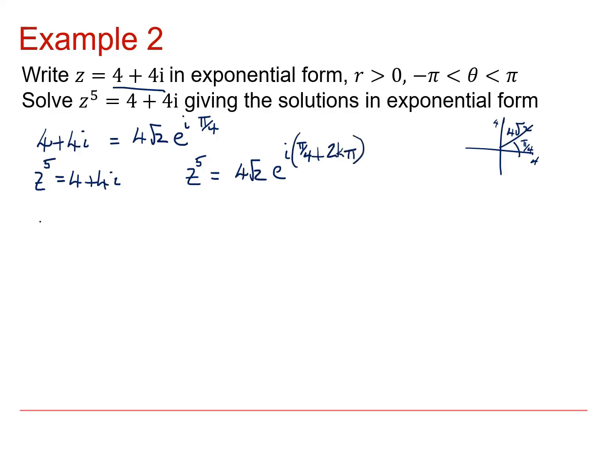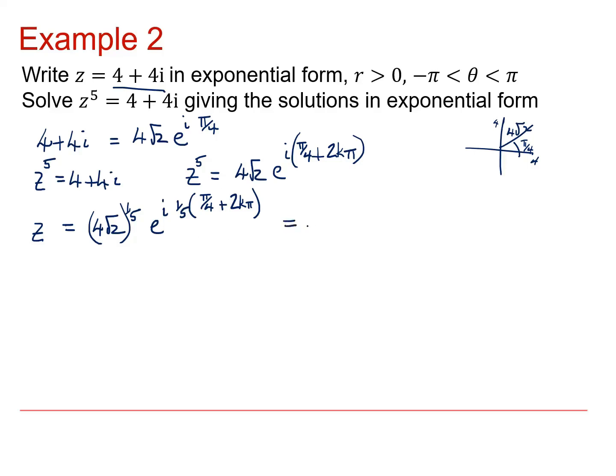So when I now take my fifth roots, z is equal to 4 root 2 to the power 1/5 e to the i 1/5 of pi by 4 plus 2k pi. So that's fifth root of the modulus, 1/5 of the argument.